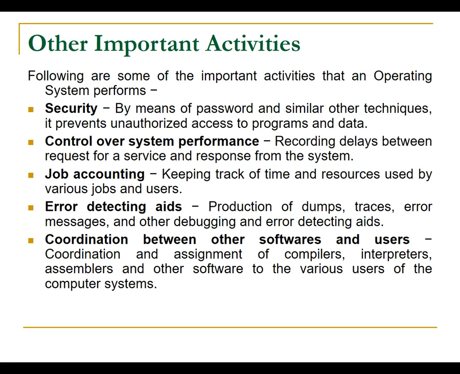Now the third one is job accounting. Generally, a user is considered to be a multitasking person. That means the user can request multiple tasks from the operating system. So job accounting should be done by the operating system. What does it mean? Job accounting keeps track of the time and resources used by the various jobs and users.